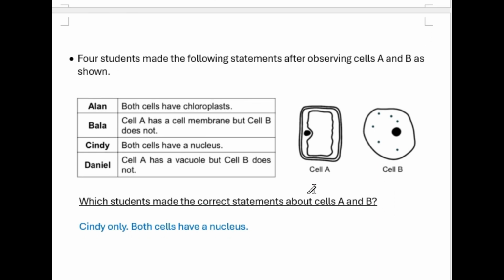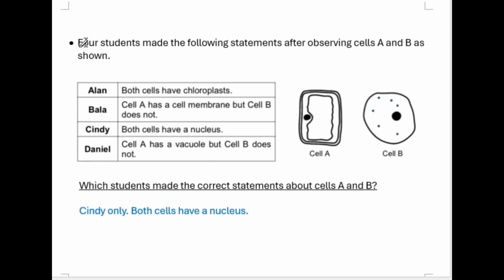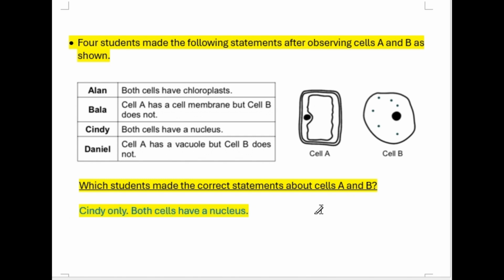Four students make the following statements after observing cells A and B as shown. Which students made the correct statements about cells A and B? Cindy only. Both cells have a nucleus.